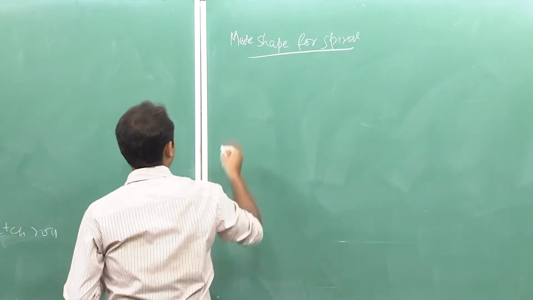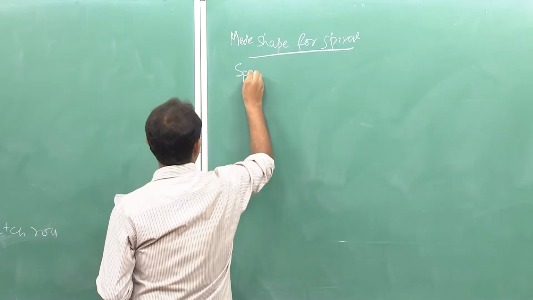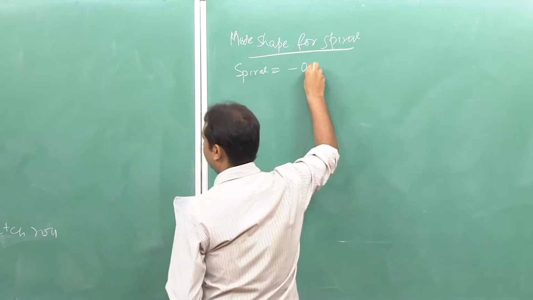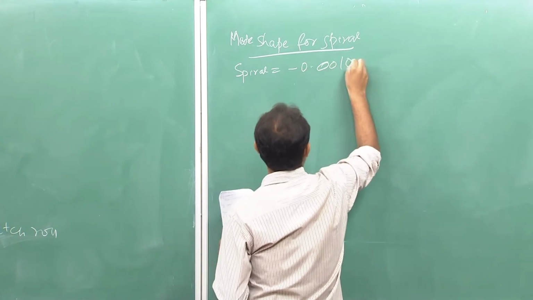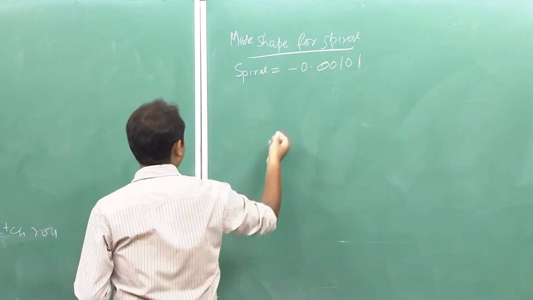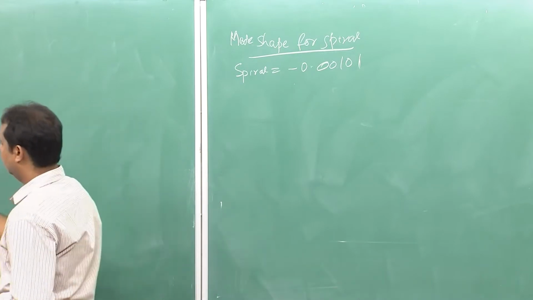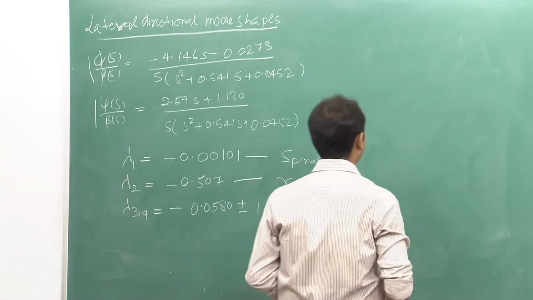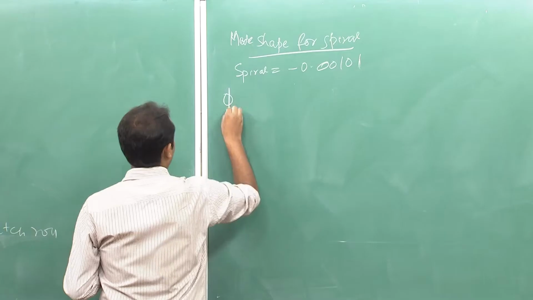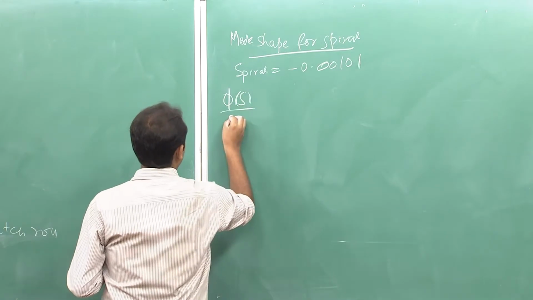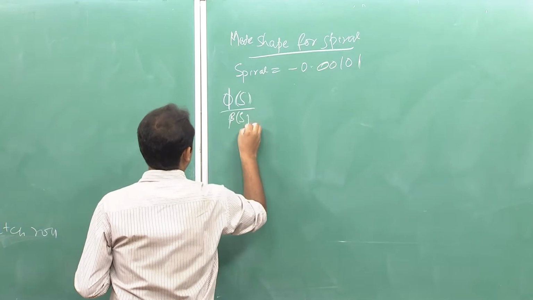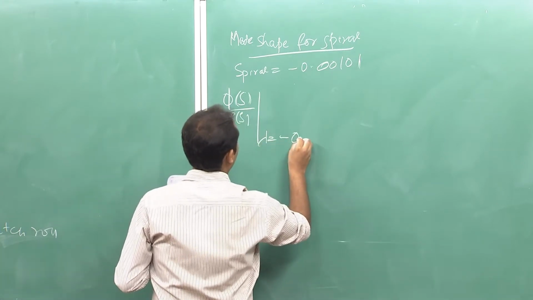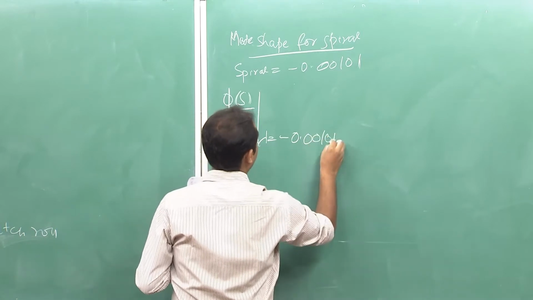The root, spiral root, was minus 0.00101. Substituting this value in your ratio of phi(s) upon beta(s) and psi(s) upon beta(s) will give phi(s) upon beta(s) at lambda equals minus 0.00101.